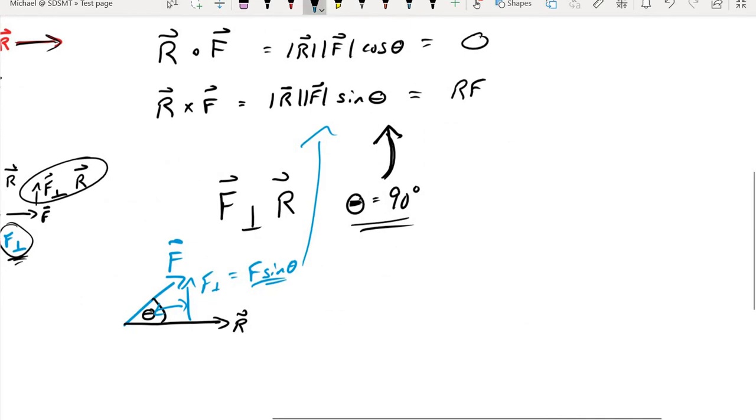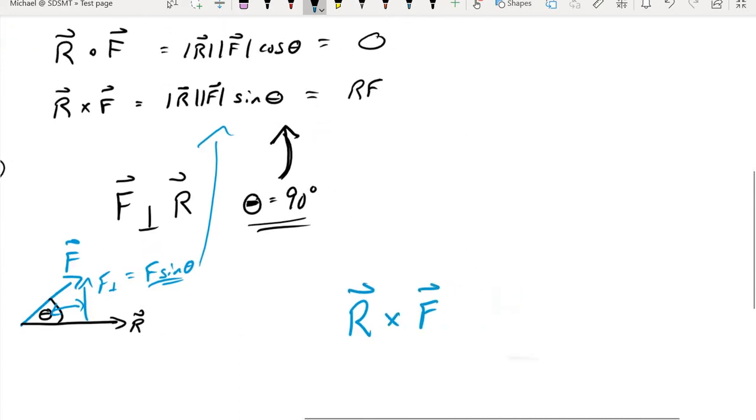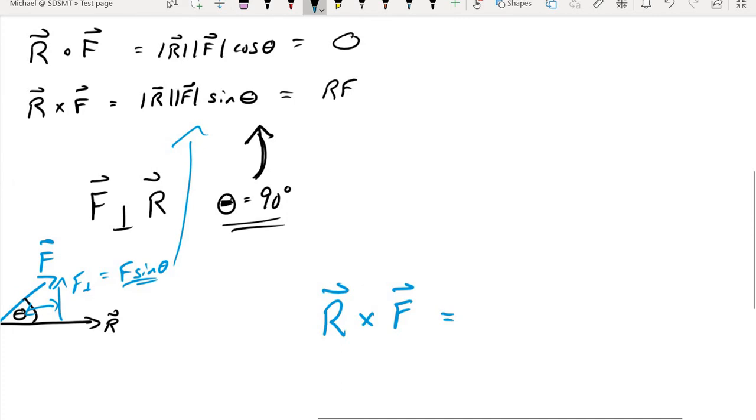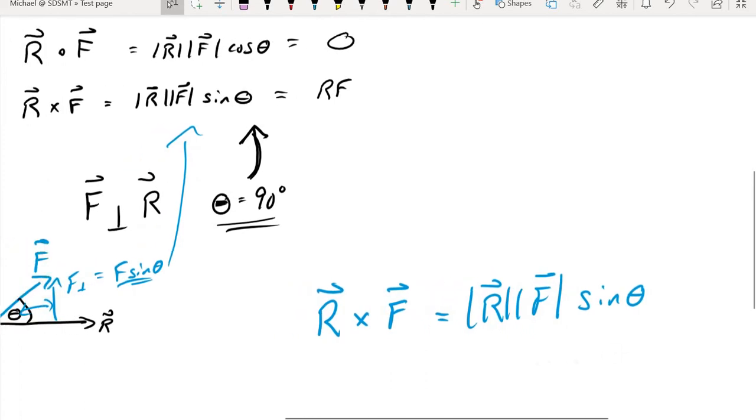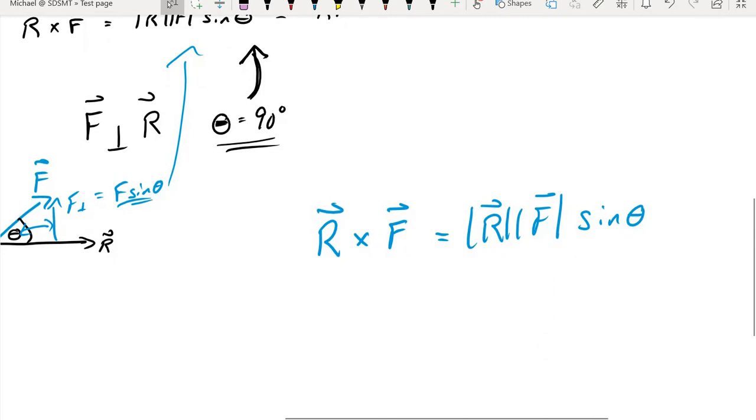So we now have a means of finding out how much rotation will be produced by applying a force at a given radial position. And as long as we know what the angle relationship is between those two vectors, we can evaluate how much rotation we're going to get. And we have a term for this, which we call torque.